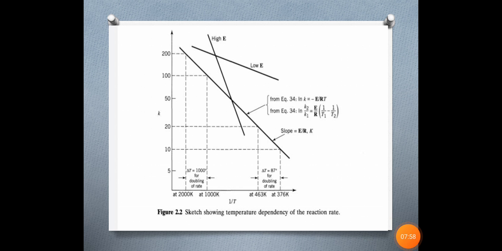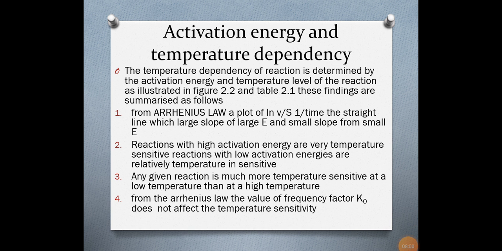Now let's move toward the theory of these graphs. The temperature dependency of a reaction is determined by the activation energy and the temperature level of the reaction, as illustrated in figure 2.2 and table 2.1.